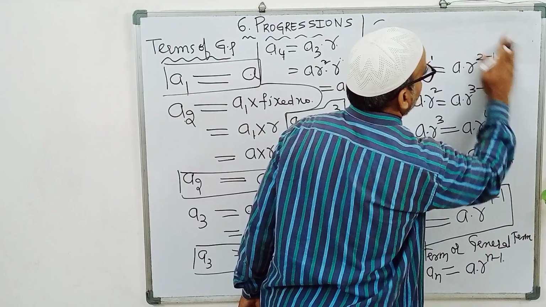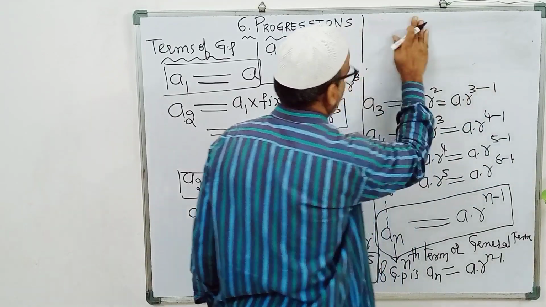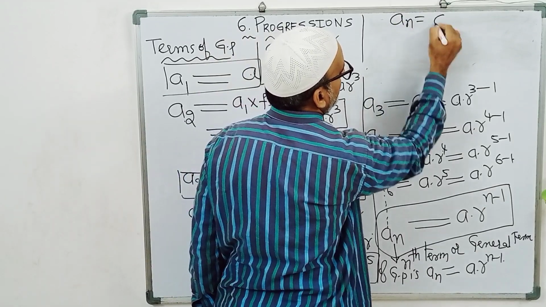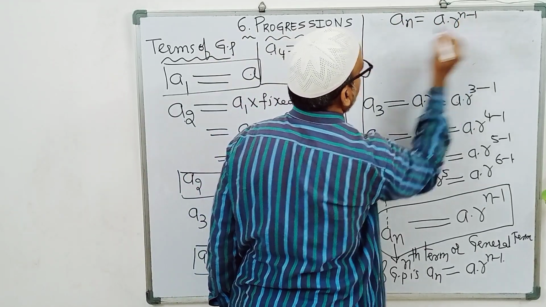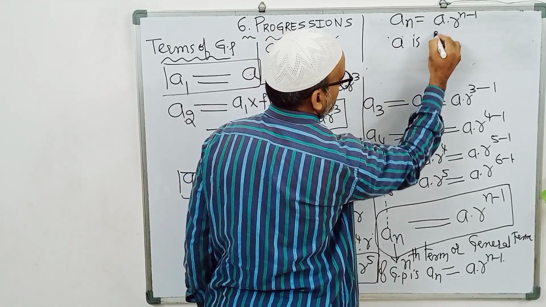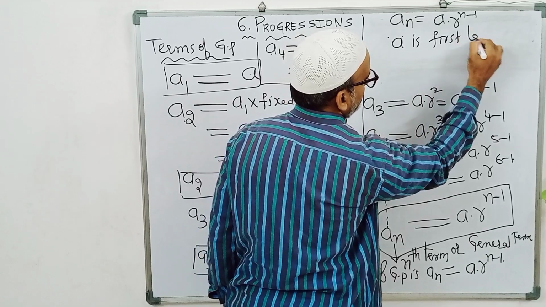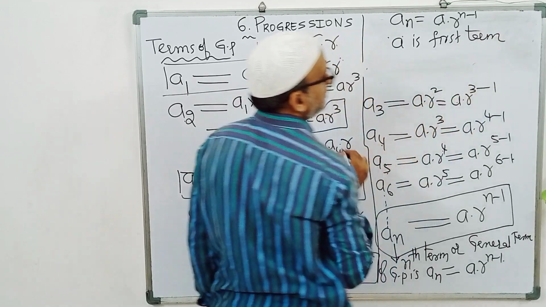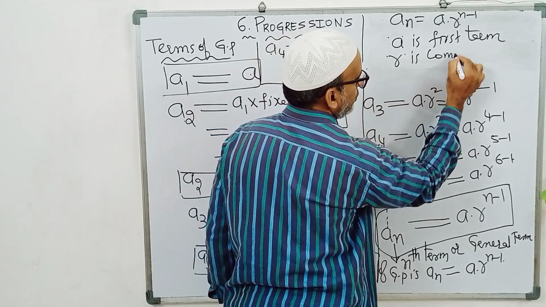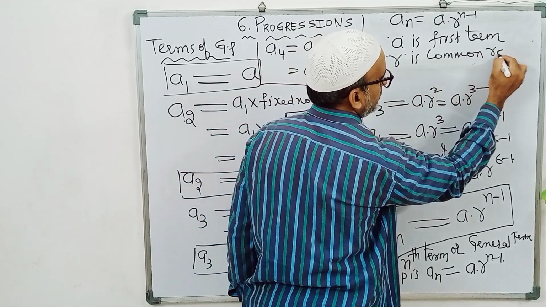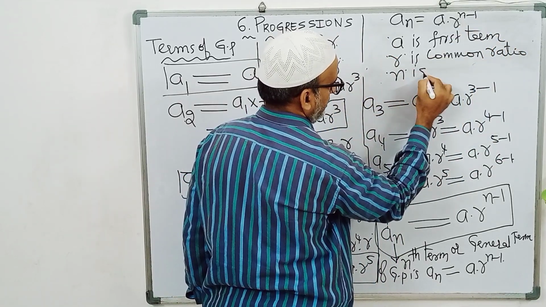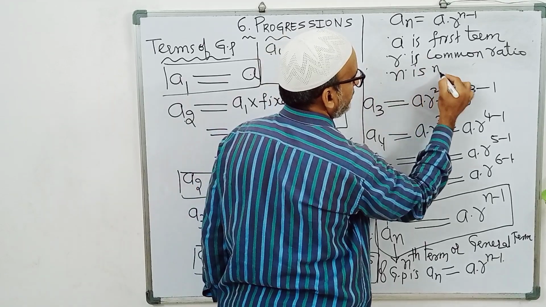In this, a is the first term, r is the common ratio, and n is the number of terms.